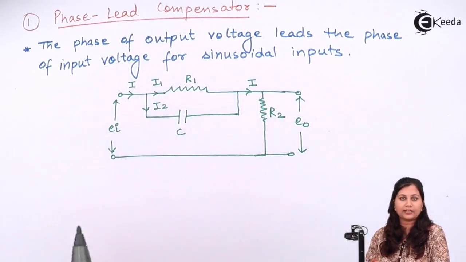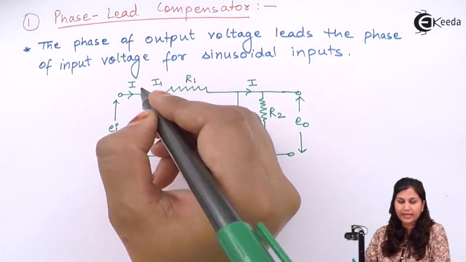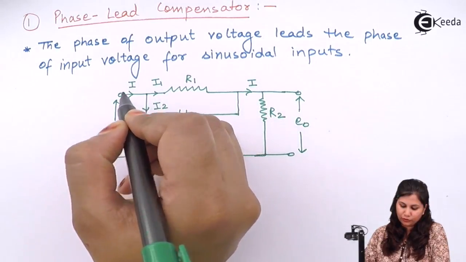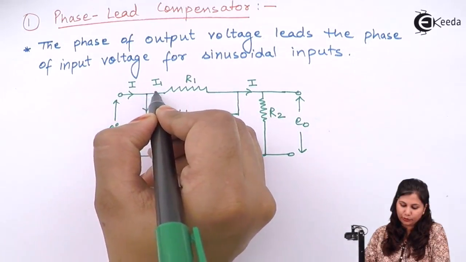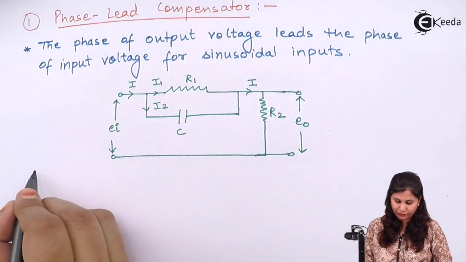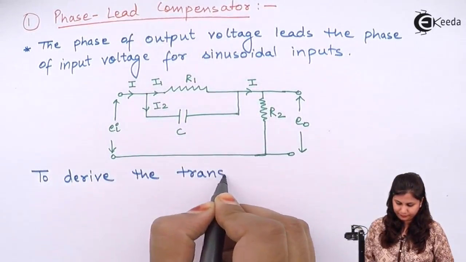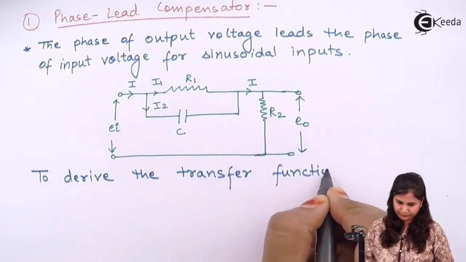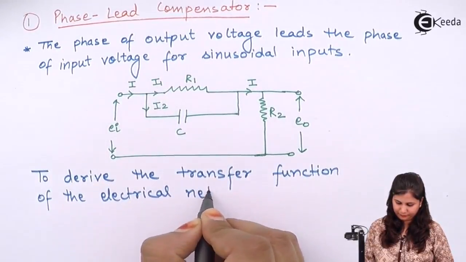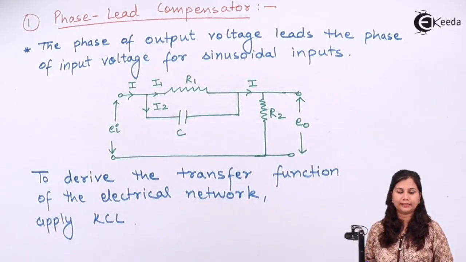Kirchhoff's current law, or KCL, says that the algebraic sum of the currents at a node is equal to 0. So here we will consider I equals I1 plus I2. To derive the transfer function, apply KCL.